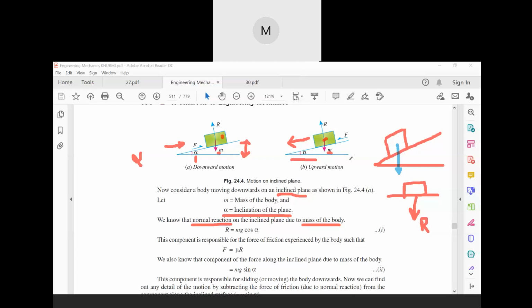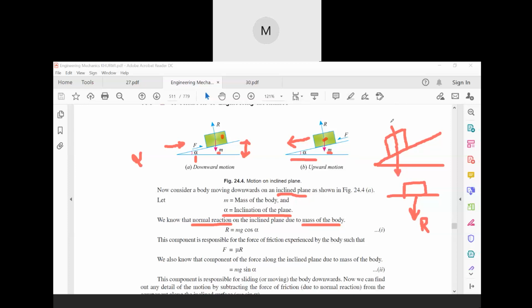Now just now we discussed the acceleration due to gravity. Now if you see from this figure, this is g, or mass mg, and there is a normal reaction.